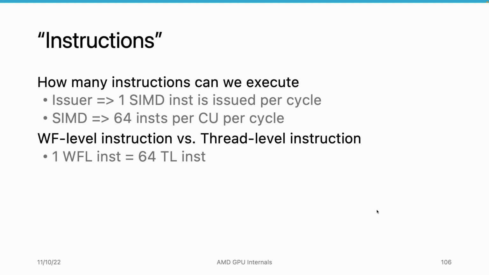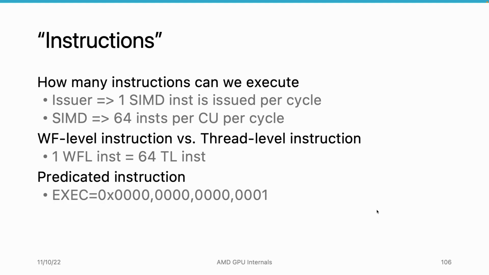However, we still need to consider predicated instructions. When our execution mask is some extreme value, for example, if our execution mask is 1, out of these 64 thread level instructions, only one is predicated and will take effect for instruction execution. So in this case, one wavefront level instruction is equivalent to one predicated thread level instruction.